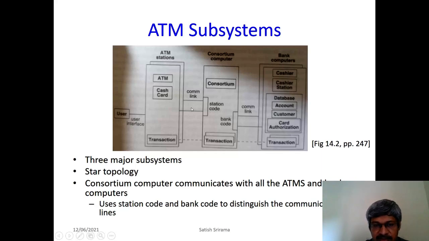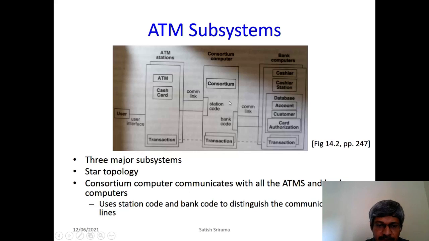The user interacts with the ATM through the user interface. The ATM communicates with the consortium, and the consortium computer in turn communicates with the bank computers. There are multiple ATMs and multiple bank computers, but there is one consortium computer.